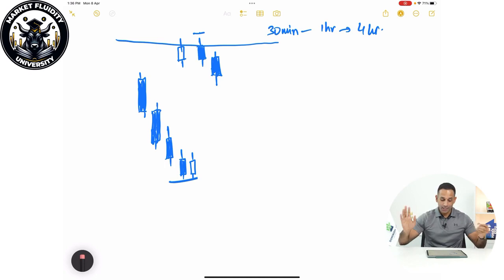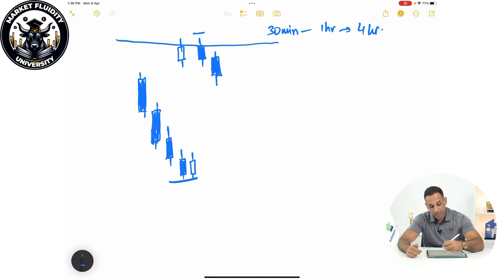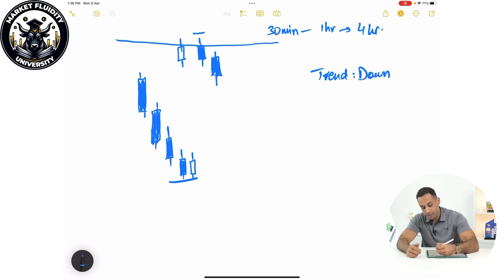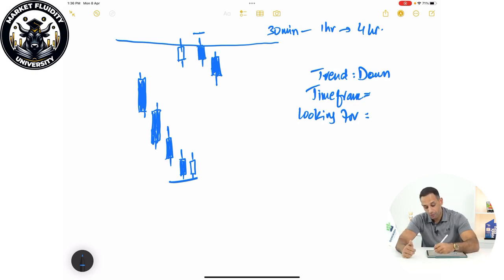Stay calm. We're in a downtrend, because once you do your analysis it's going to be like this. Trend is down. Okay, perfect. Time frame is going to go over here. What you are looking for, let me write it: trend is down, time frame you're looking at, 30-minute time frame.